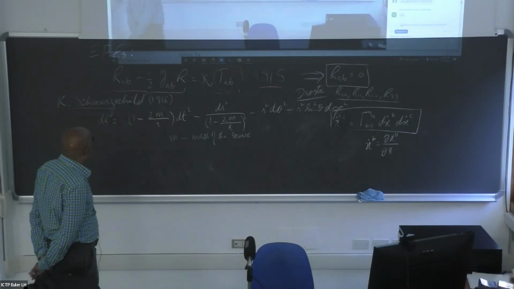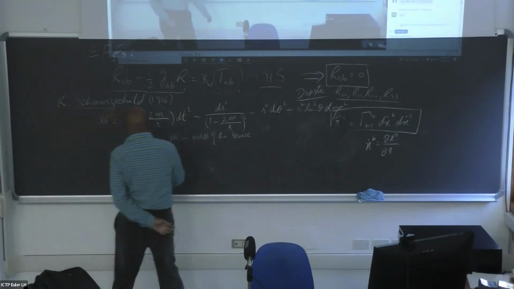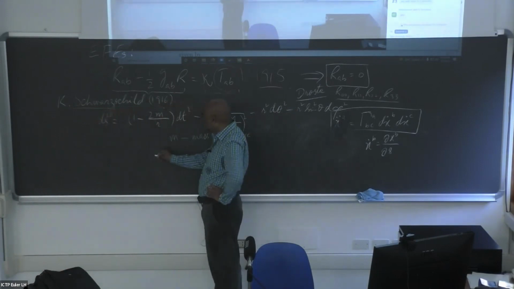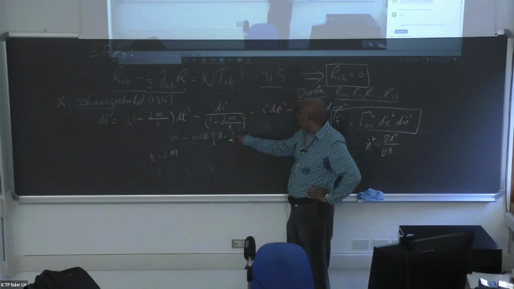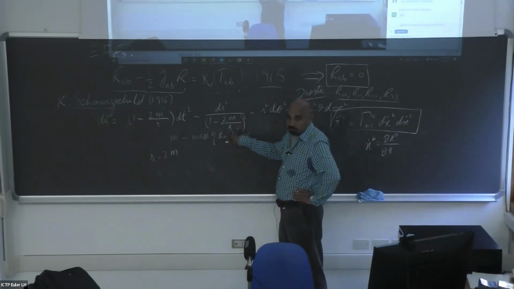Some properties of this solution, because this was the first basic solution that was given for these equations. You can see that this solution has a very odd behavior when, for example, r is equal to 2m. We cannot take r equal to 2m here.